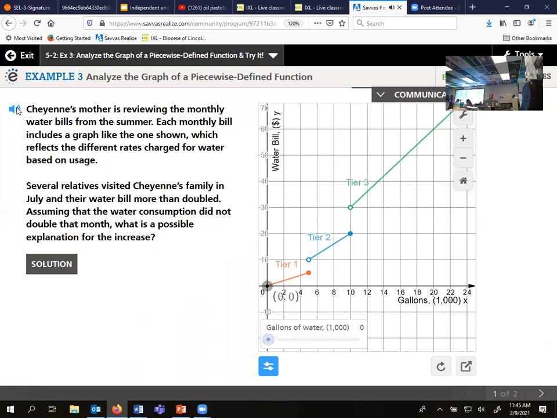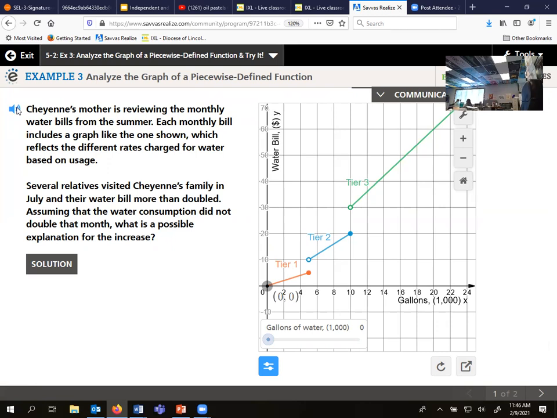Okay, so this is showing the water bill. It shows how many 1,000 gallons they used, and then how much they had to pay for that. So at the beginning, they weren't using too much.